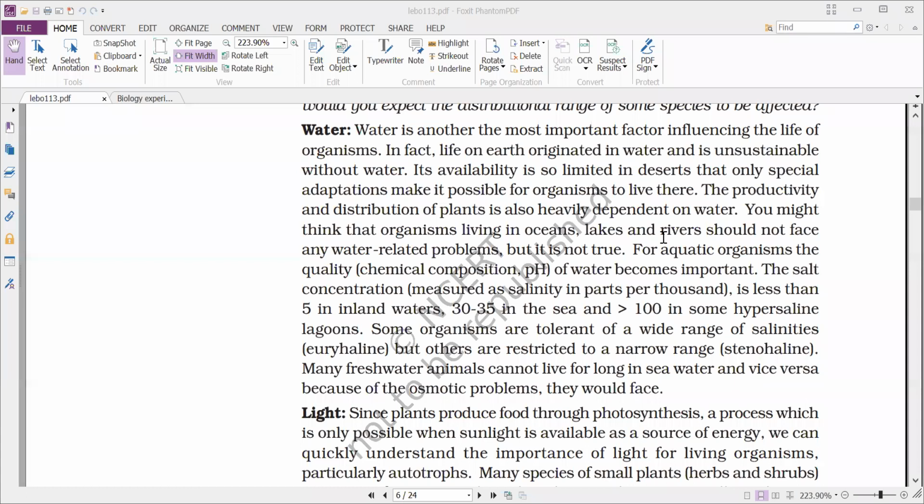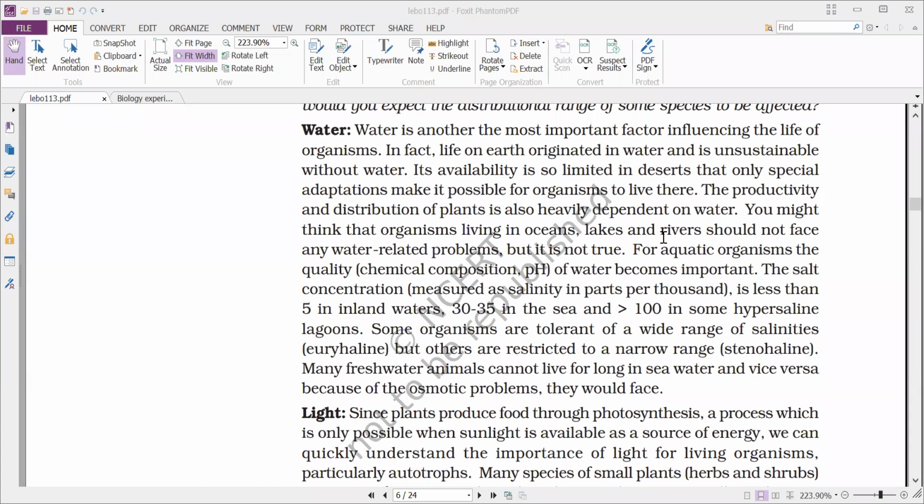So here, the organisms which are living in marine water have to conserve water. They have to preserve water. They do not allow the water to move out of the body into the ocean.